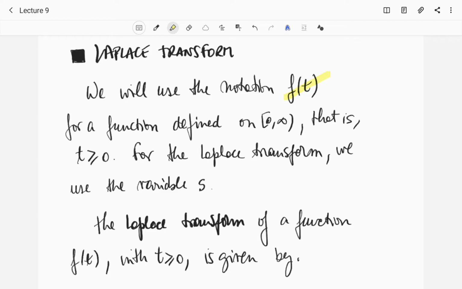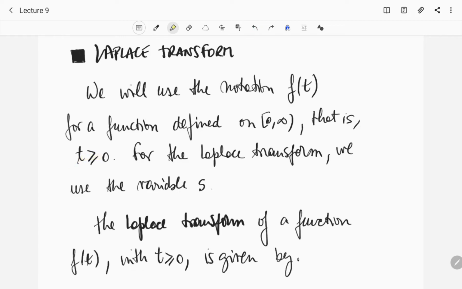F of y, you can choose, but to be consistent in the rest of the lecture and the next lecture, we will fix this notation. So f of t for the function defined on this interval 0 infinity, so t is greater or equal than 0.